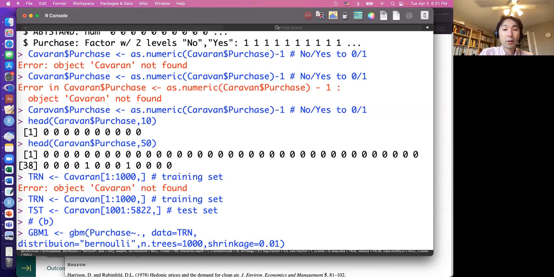I think the number of trees should be more than 1 over the shrinkage, right? The shrinkage means we only reflect 0.01, so 1% of the original regression results.